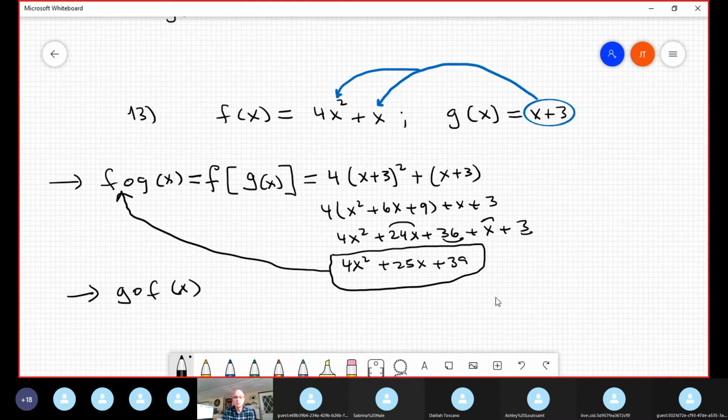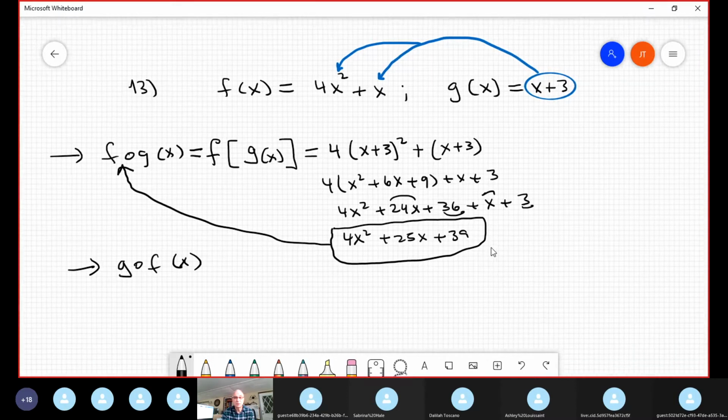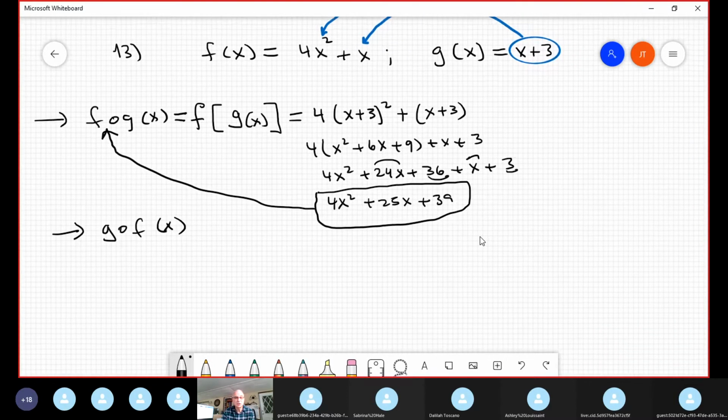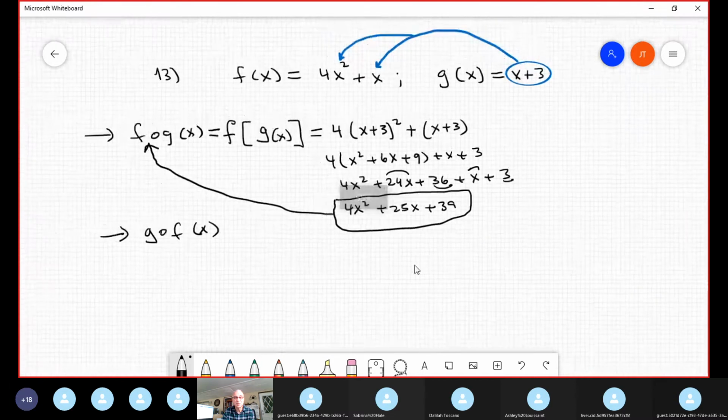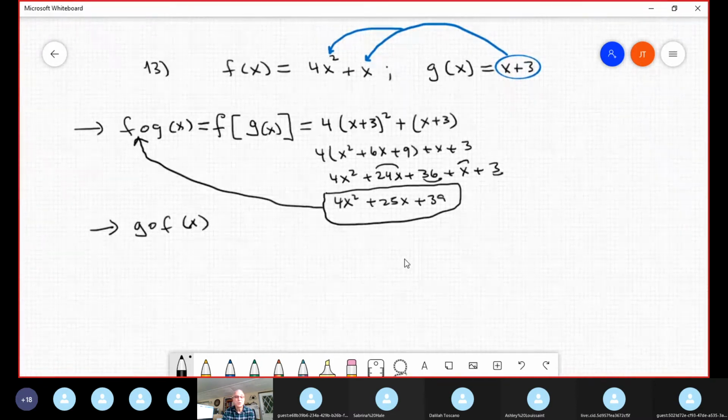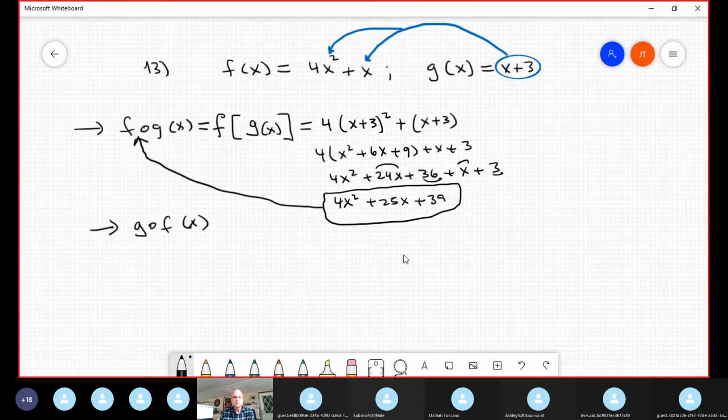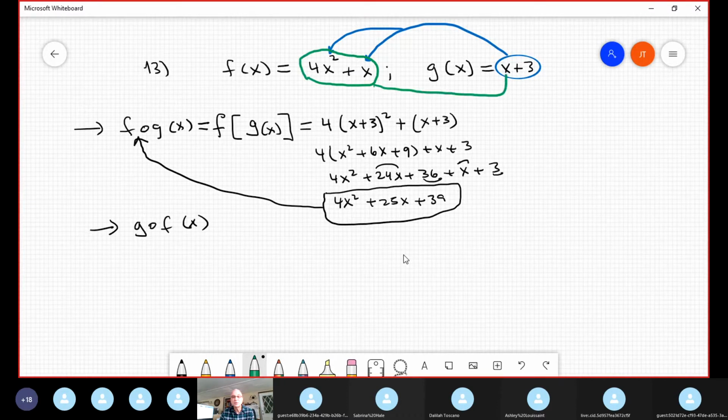Any question? I want to do now the opposite order, g composition f, because in my opinion it's easier. It's easier because now we take f, the entire f, like one object, and substitute it for the x value in g.